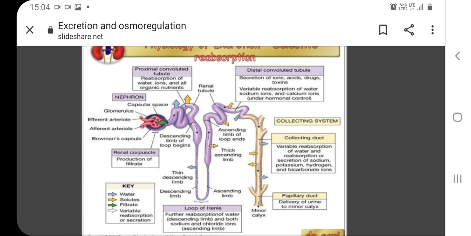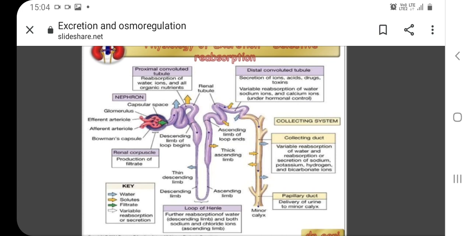Each part of the nephron performs a different function in filtering waste and maintaining the osmotic or homeostatic balance.